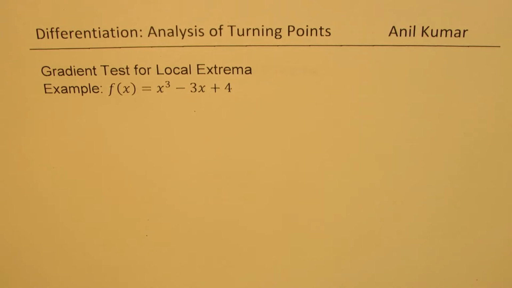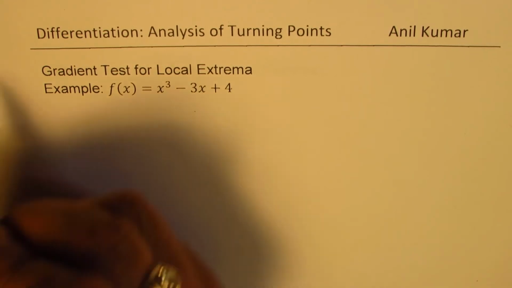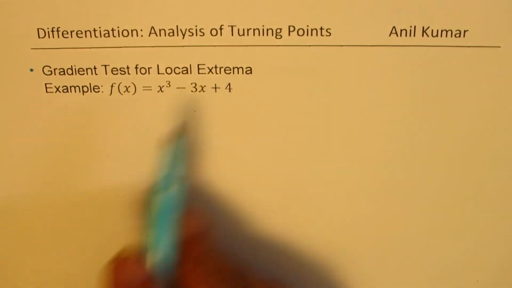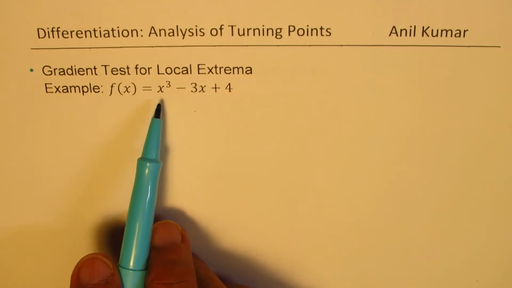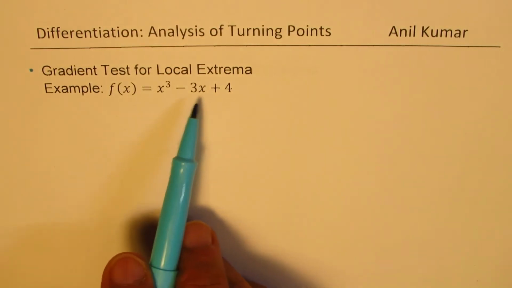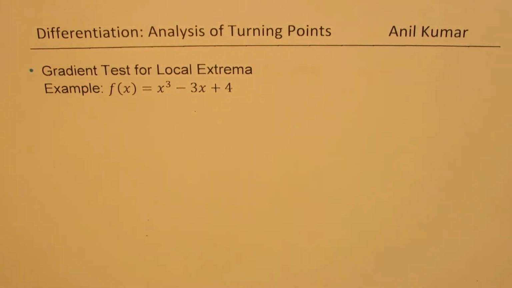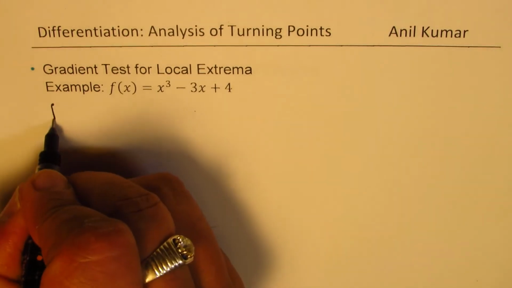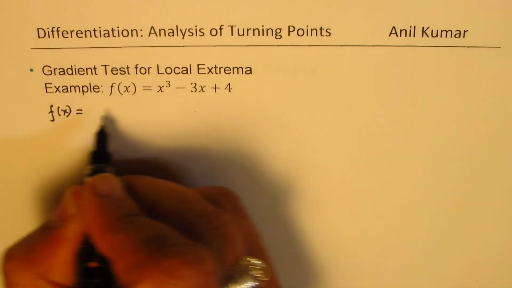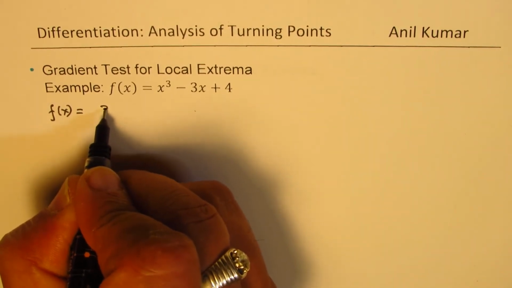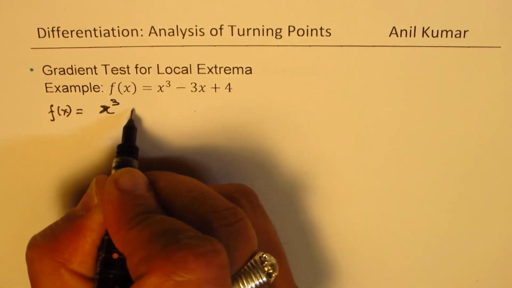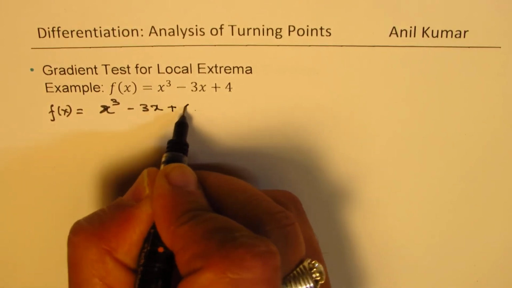So once again, we have the same equation to work with, and we'll perform the gradient test to figure out whether we have a local maximum or minimum at our turning points or not, right? So what we did so far was that we found the derivative of this function x cubed minus 3x plus 4.